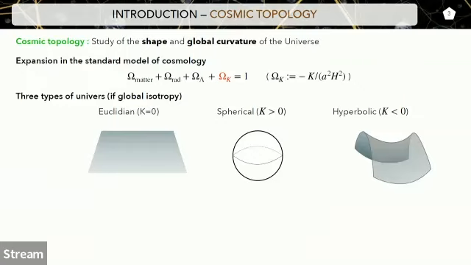Okay. So this is a well-known thing, but usually it's said that these are only three possibilities, but in reality, they correspond to a family of possibilities, in the sense that if our curvature is, for instance, flat, zero, it doesn't mean that the universe is necessarily infinite.